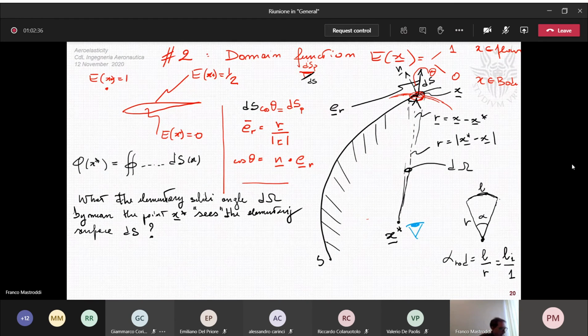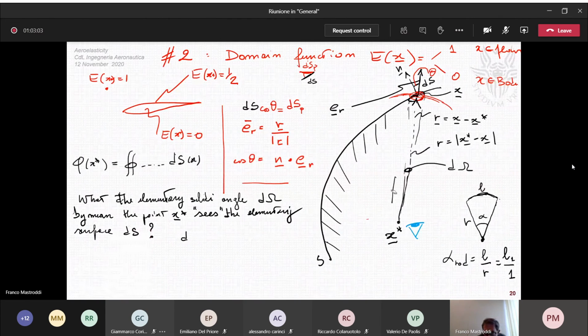And what can you do in parallel for this concept? You consider a ratio between the area of the sphere with unit radius.